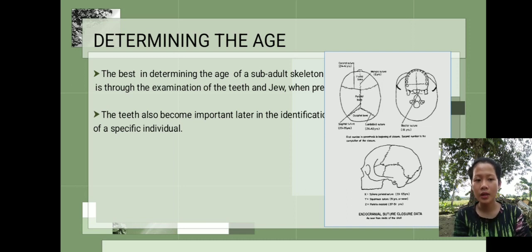The teeth also become important later in the identification of a specific individual. Based on my research, as a person grows, the bones and teeth mature and develop too.